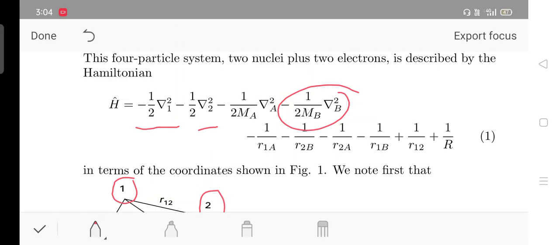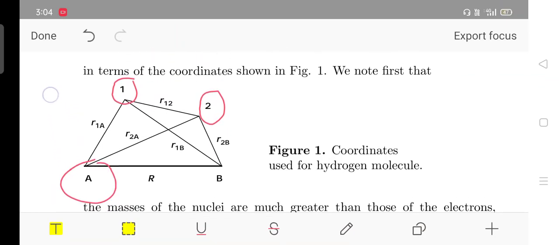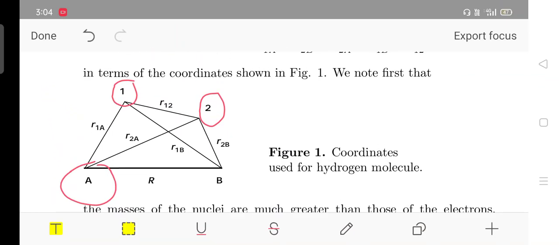Now we have to write the potential energies between these particles.